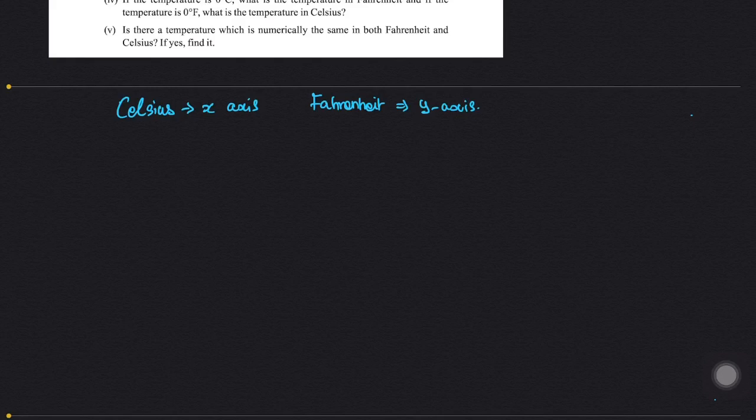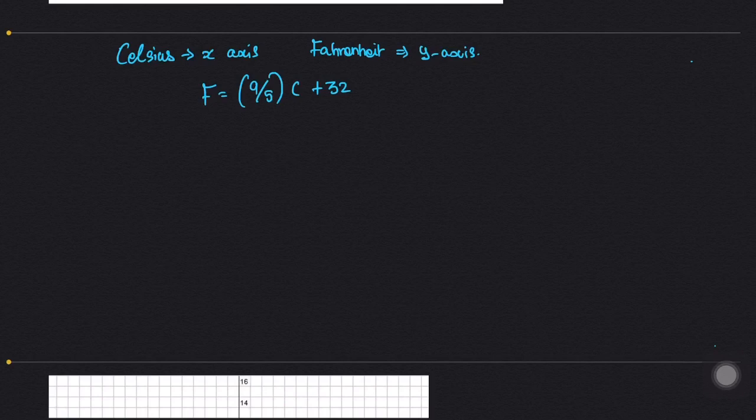Then the given equation F = 9/5 C + 32. So just substitute values of Celsius, starting with 0. Before that, we replace F and C with y and x in the equation. So for our convenience, y = 9/5 x + 32.